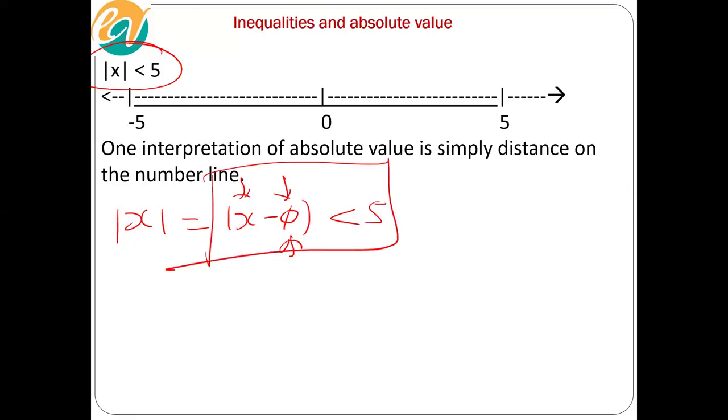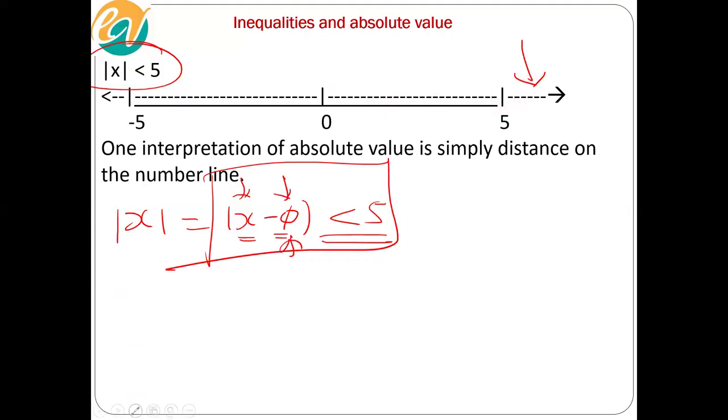All right. Now I have the number line already drawn here. Given that the distance of x from 0 on the number line has to be lesser than 5, can x be this? No. Why not? Because then the distance of x from 0 will be greater than 5.